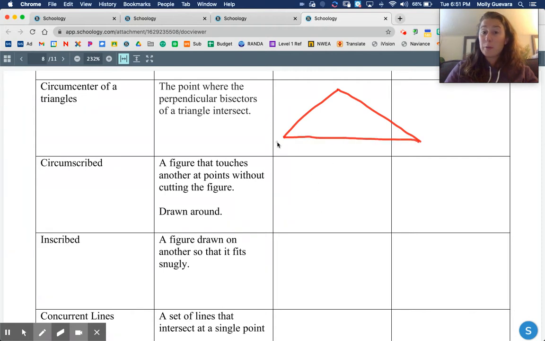And I'm going to draw the perpendicular bisector of each line in this triangle. So for example, from A to C, I'm estimating that the center is about right there, and I'm going to draw a line perpendicular, like so.